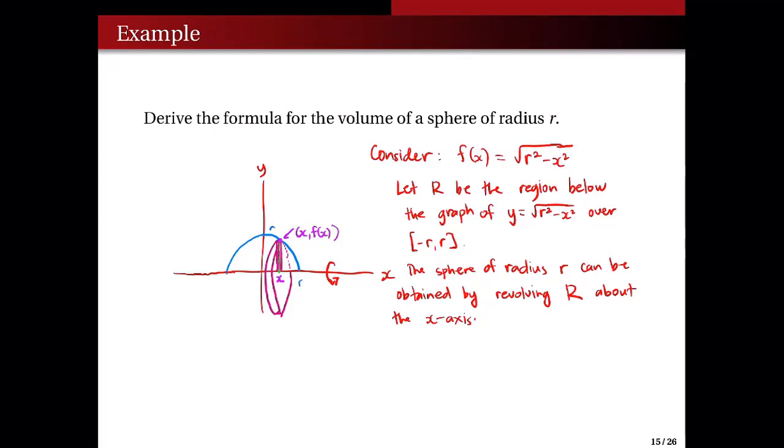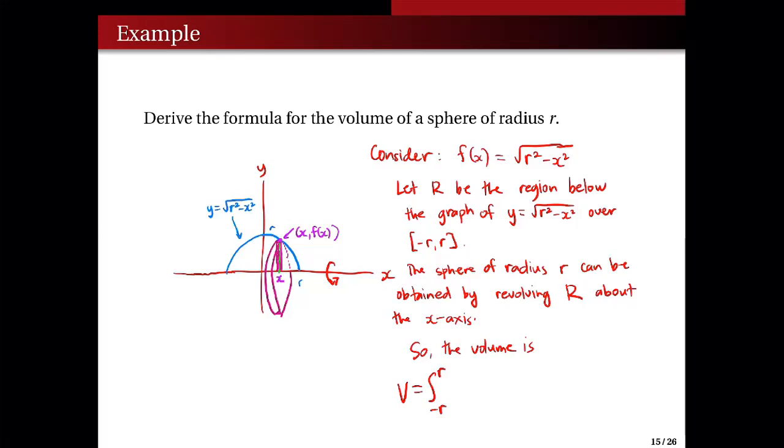But our f of x is this guy. Take note that this guy here has equation y equals square root of r squared minus x squared. So the volume V is the integral from, sorry, from negative r to r. This slab here, you can move it from this point up to this point.